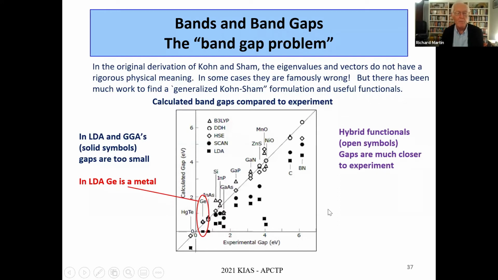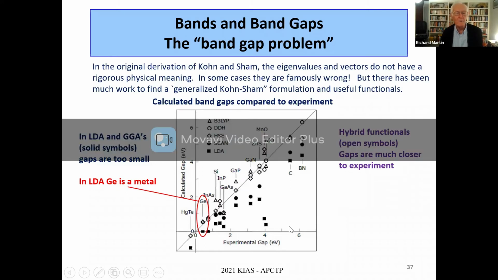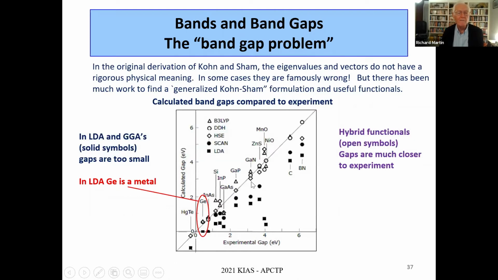This shows the basic problem that the local approximation and also the gradient approximations give gaps that are just much too low. But the hybrid functionals and some improved functionals are really much better and give agreement with experiment that's really quite impressive.